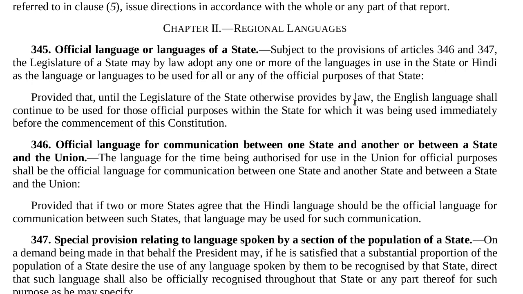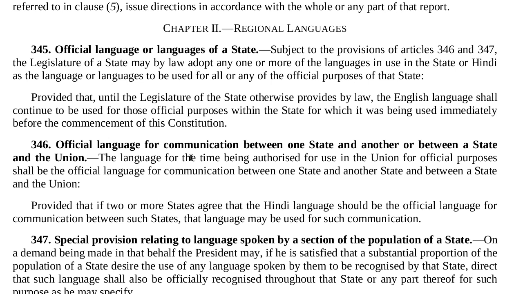otherwise provides by law, the English language shall continue to be used for the official purposes within the State for which it was being used immediately before the commencement of this Constitution. Article 346, Official language for communication between one State and another or between a State and the Union.